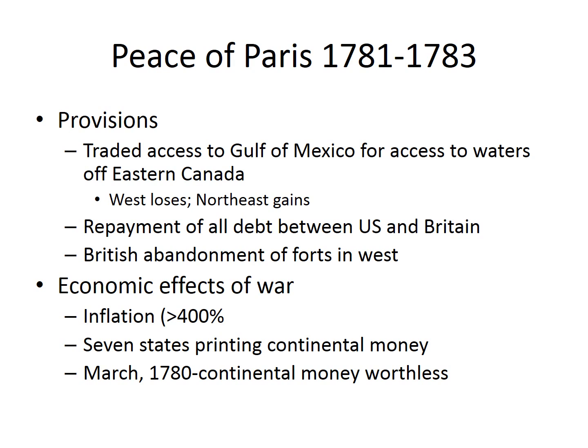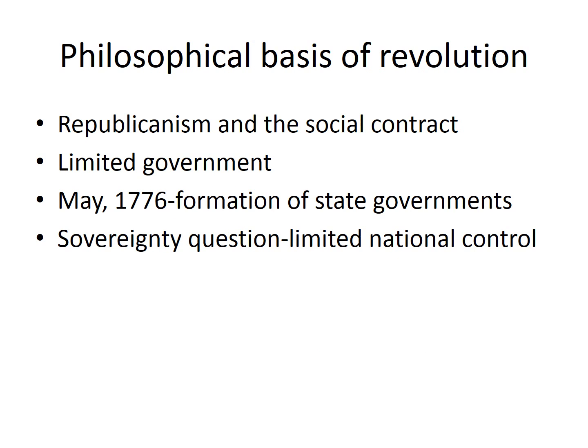We remember, as we go through this and as we frame the Articles of Confederation, which are originally adopted in 1777 but not ratified till 81, that the very philosophical basis of the American Revolution is republicanism, which is a term that is often misrepresented.